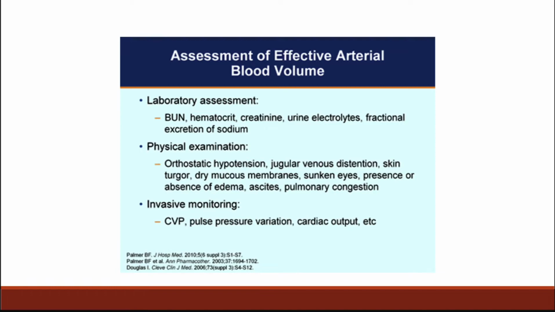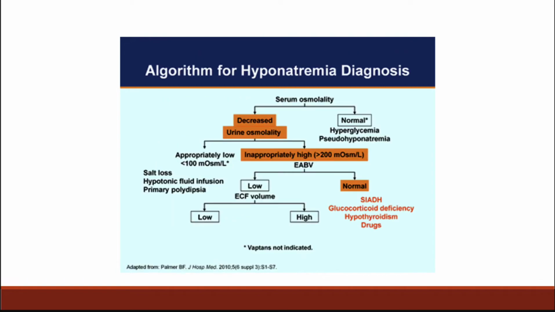And then, of course, we can do invasive monitoring, which we hardly ever do. But once we figure out clinically, with all that clinical information, the laboratory and the physical findings, that is the clinical information that we need to make this diagnosis.